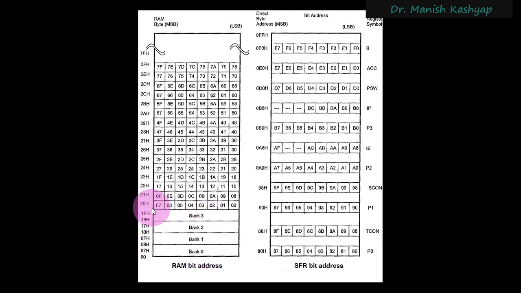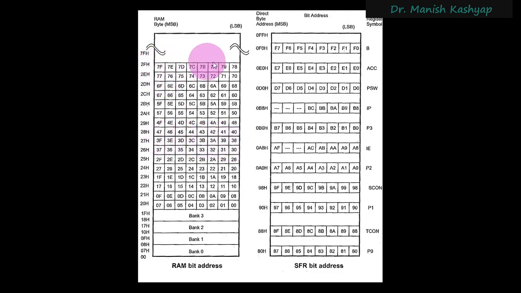After that, from 20H to 2FH, there are these 16 registers, and they are also of 1 byte each. Their addresses begin from 20 and end at 2FH. But if you want to access individual bits, then you can see their addresses are also written here. For example, for 27H address, if you want to access this bit only, then 3B is the address. When we do programming, I will tell you how to access these individual bits of registers.